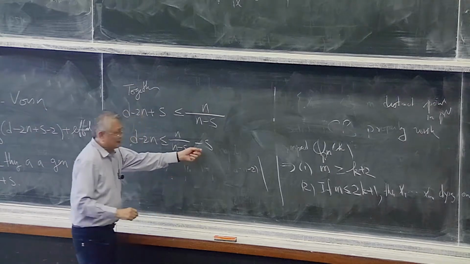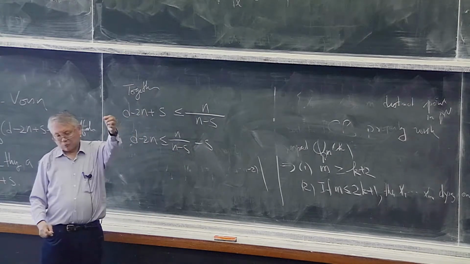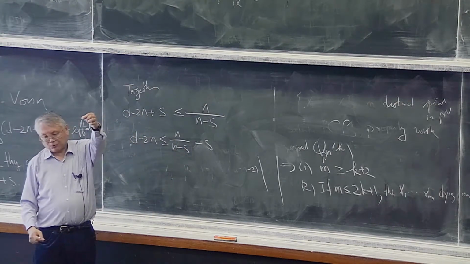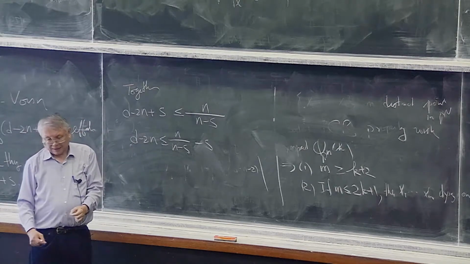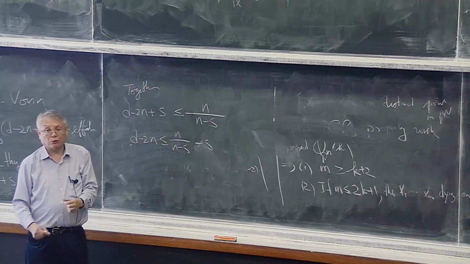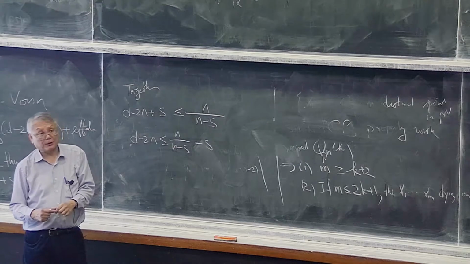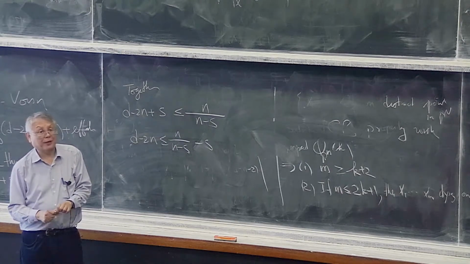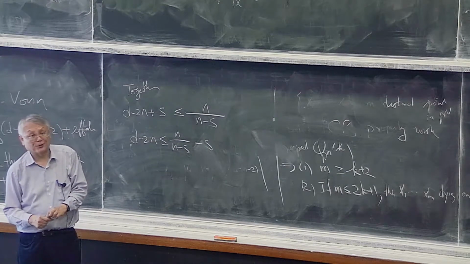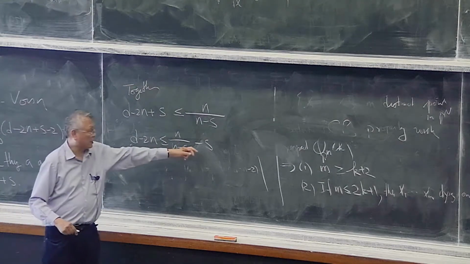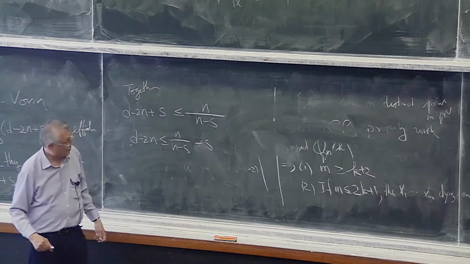Now, if S is zero-dimensional, that will mean that the divisor contracts to one point, and that means all the lines will also pass through one point, and then the map will be given by projection through one point on the hypersurface. So we can exclude the case that S is dimension 0.